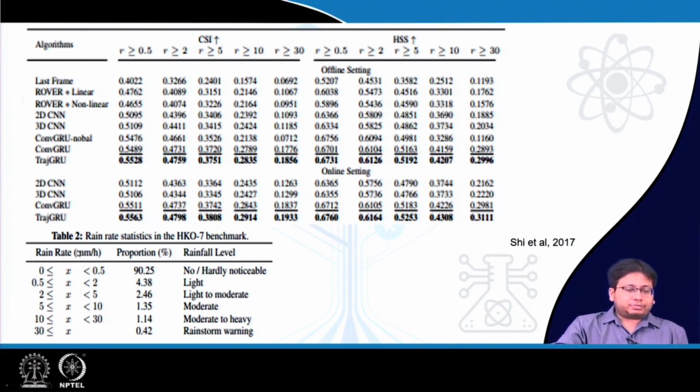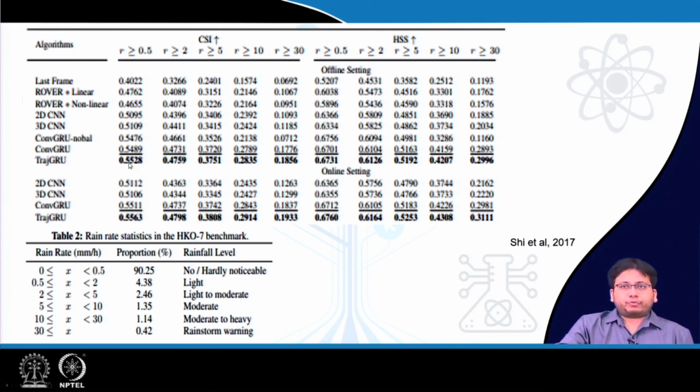Instead of forecasting the exact amount of rainfall, they basically do some kind of binning. The rain rate is divided into several bins like this, and bin wise, they try to make the prediction. The bins mean very little or hardly noticeable rainfall, light rainfall, or light to moderate rainfall.